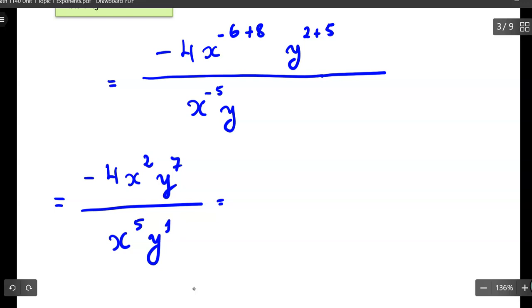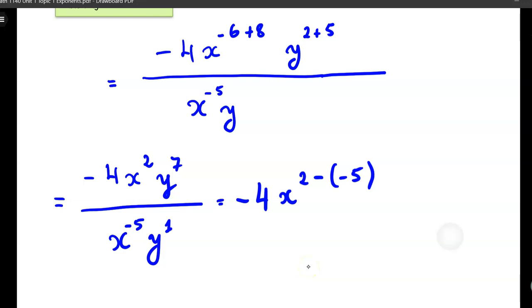I will write -4 now, and x, and what I have is 2 subtract -5. Make sure you write -5 in the bracket, because negative and negative will make it a positive, so it's very important in this case.